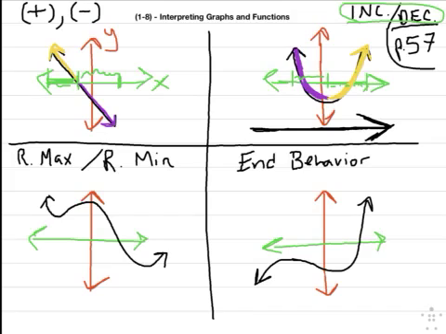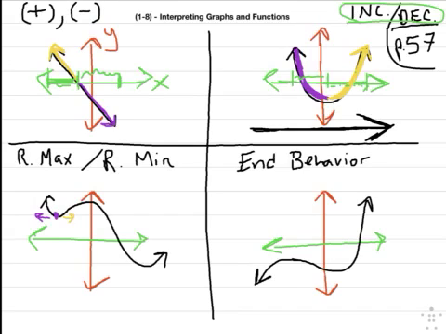Okay, and it's at the base of the bowl. So here would be a relative minimum. On either side, you can see on the left side the function is decreasing, and then on the other side, the function is increasing.